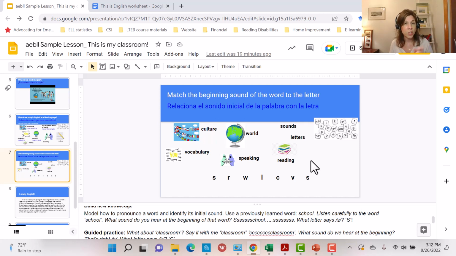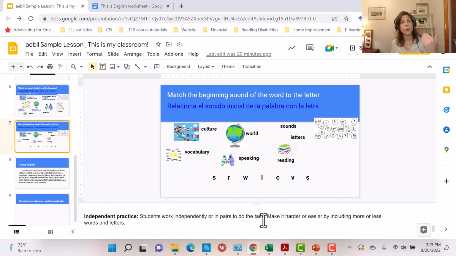I think I forgot to mention that I included a worksheet for slide 5. So I want you to get into the habit of making them hear the beginning sounds of their new vocabulary words, because now we need to connect it to a symbol, a letter symbol, okay?